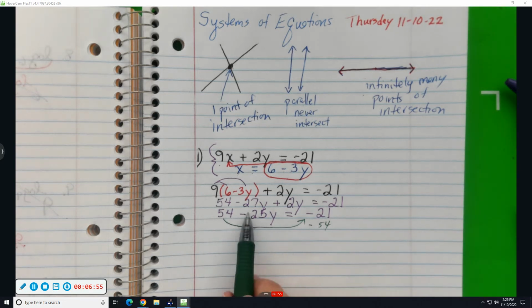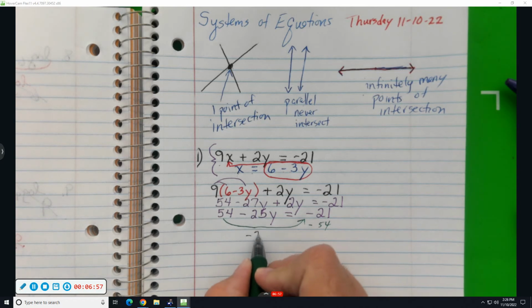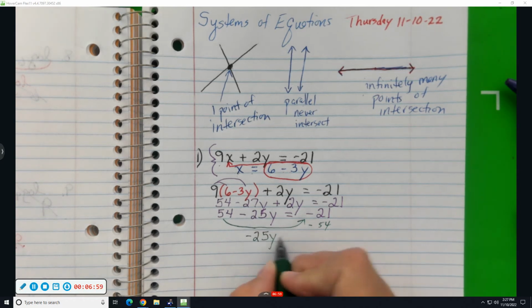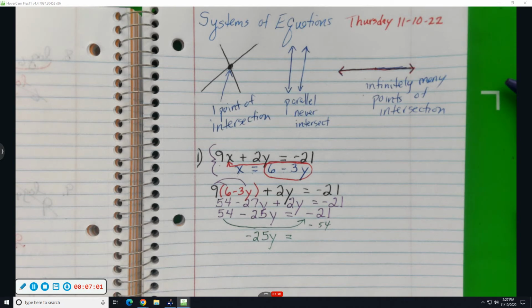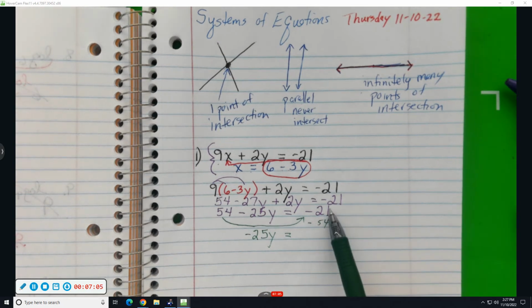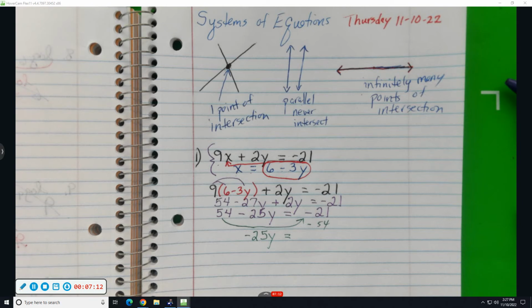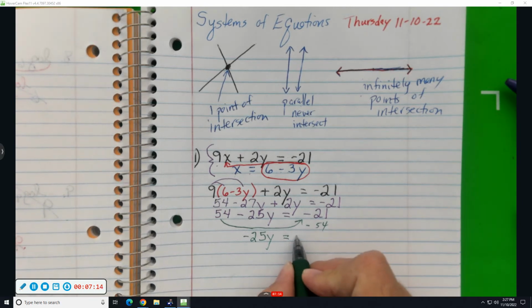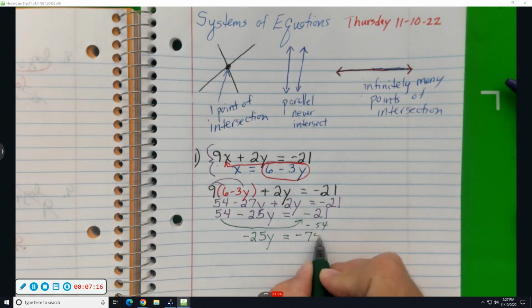So I have a negative 25y on the left. And what am I getting on the right? Negative 21 minus 54. That would be negative 21 plus negative 54. Is that a negative 75?